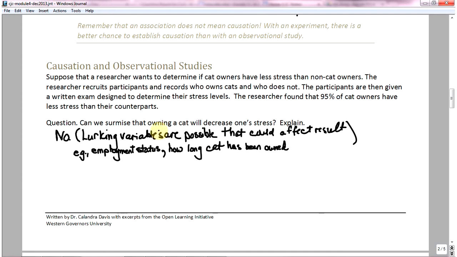So the point here is that we cannot assume that just because somebody owns a cat that their stress is going to decrease despite the results of the study. So lurking variables are one of the issues when trying to determine causation with an observational study.